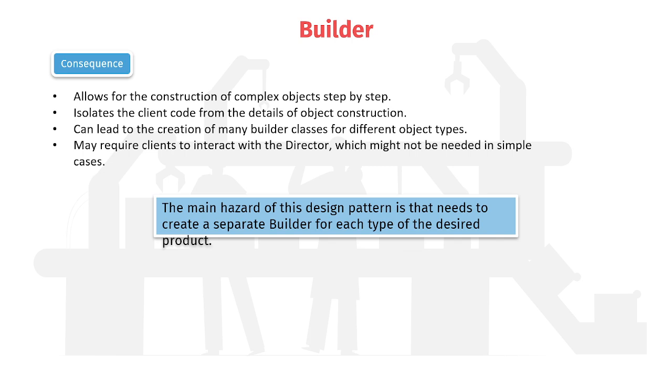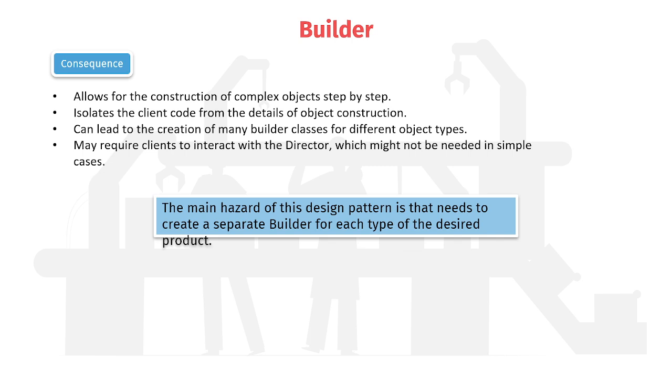So as I mentioned, builder allows the construction of complex objects step by step, and again isolates the code from the details of object construction. And if you want a different kind of a burger, you will have to create different builder classes for different object types.